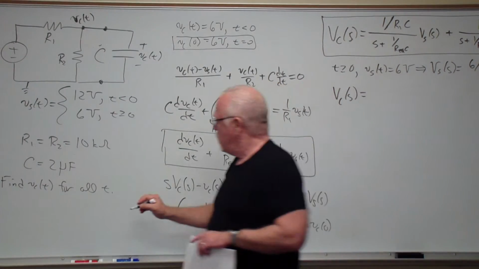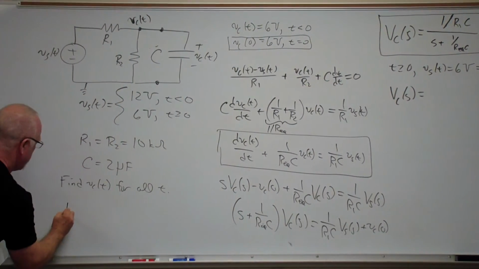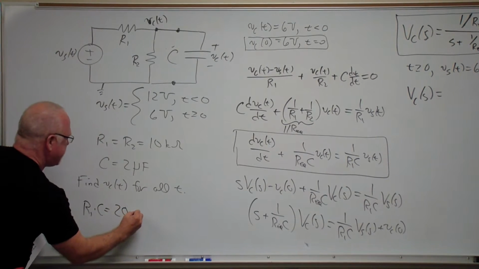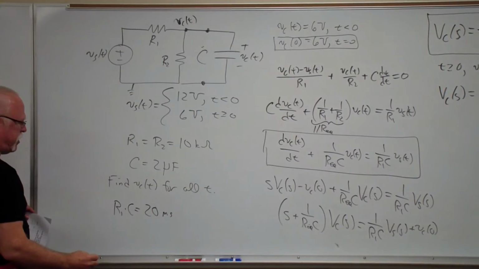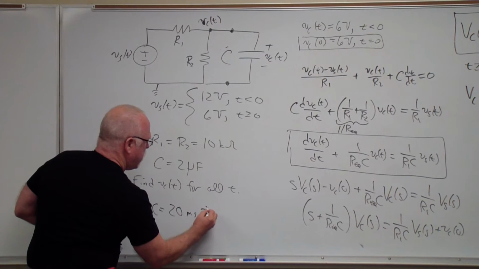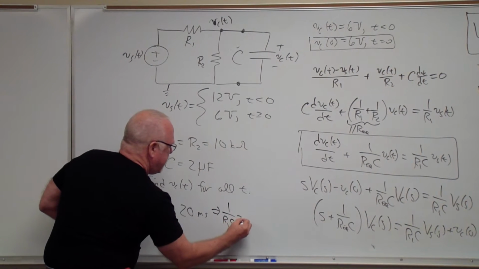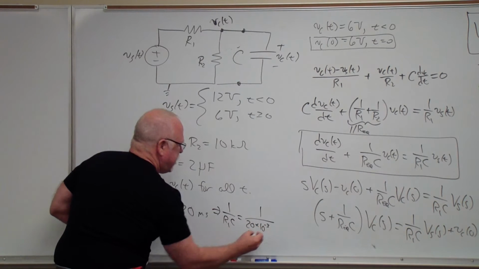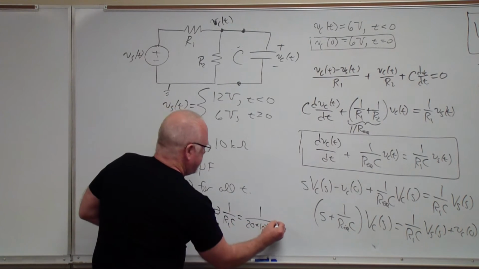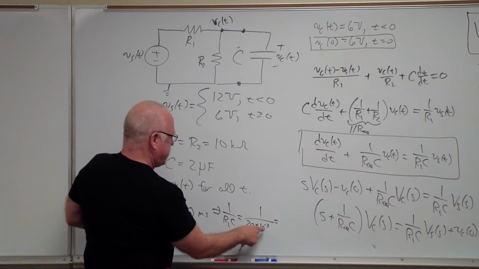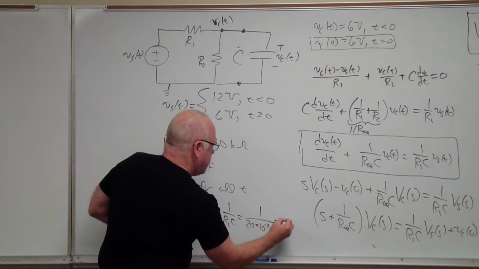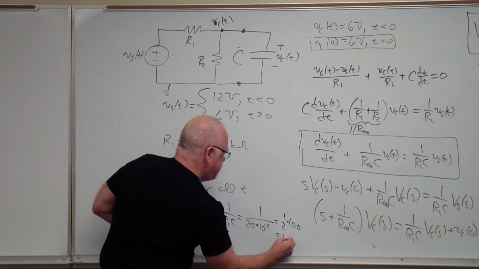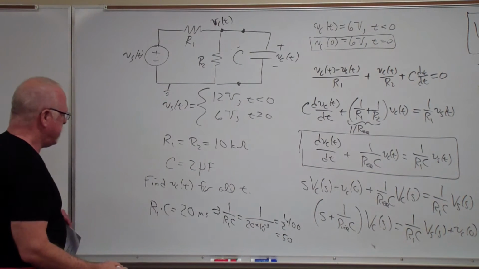So R1 times C is 20 milliseconds, time constant, and so then 1 over R1C is 1 over 20 times 10 to the minus 3, which is going to be 50 per second.